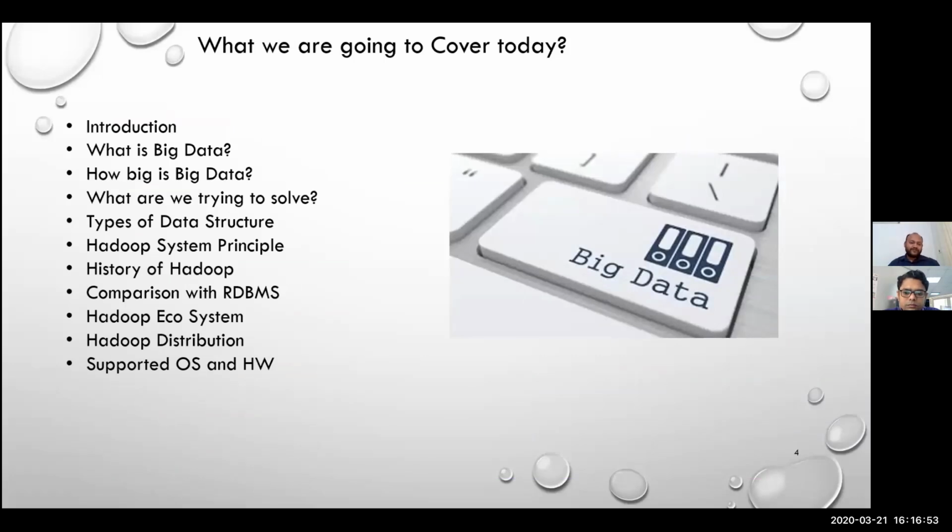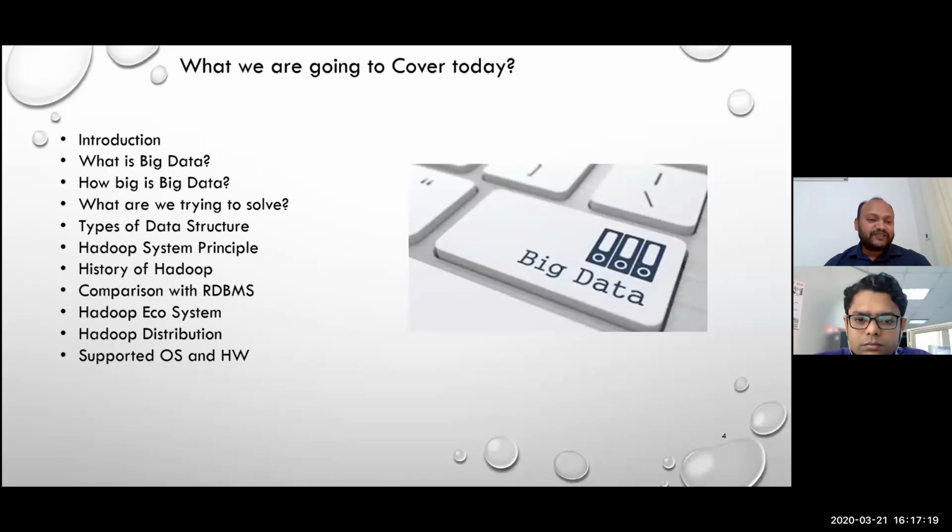As part of today's agenda, let me just go through what we are covering. It's what is big data. We just need to know conceptually when we say big data, what does it actually mean? And interestingly, how big is big data? And within big data, what are we trying to solve? How does big data come about?